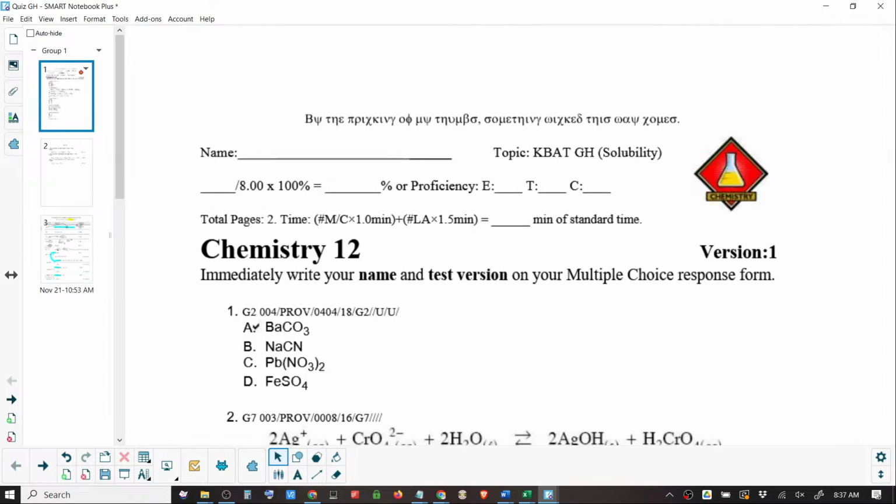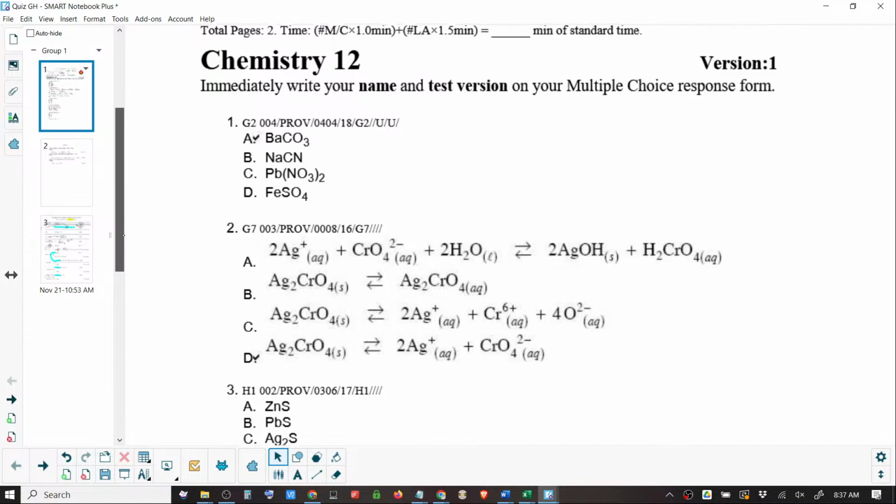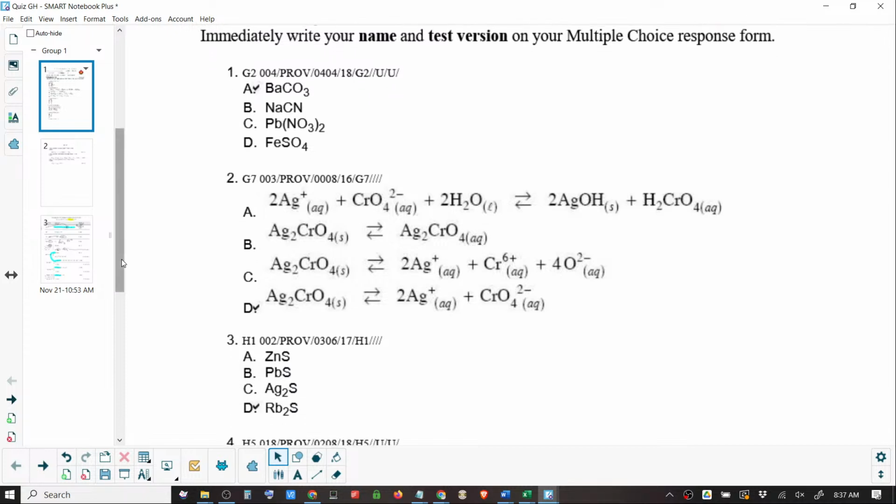Wait, look. First one. Why are B and C impossible to be the answer? Because we don't know, because they're soluble. Yeah. How do we know B and C are soluble? You almost don't even have to look it up. Which ion in B and C screams soluble?